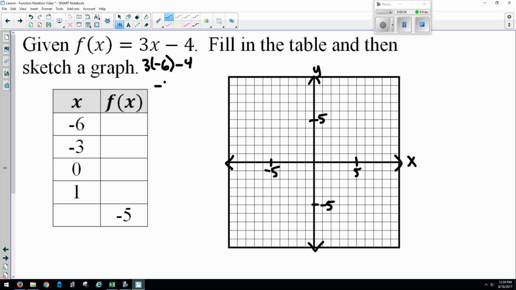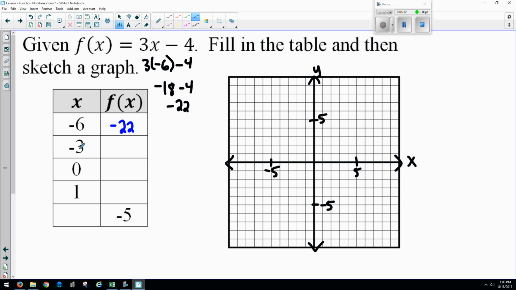So that's going to be -18 minus 4, or -22. So that means that when the x value is -6, the corresponding y value is -22. So whatever's inside the parentheses represents the x value, and whatever value you get is equal to the y value.